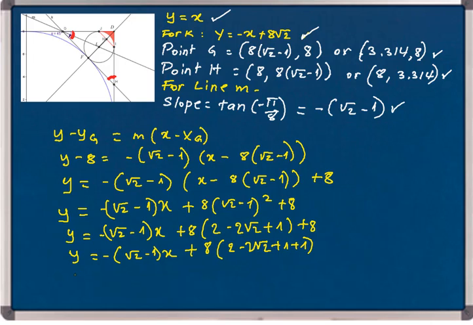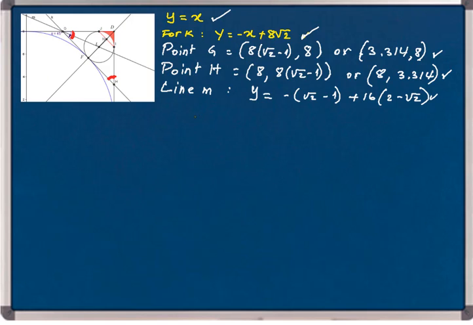Okay, so we can say y is equal to minus square root of 2 minus 1 times x plus, now we can see we have 2 plus 2, 4. We can pull out 2 and pull out 2 here. That is 16 times 2 minus square root of 2. Alright? So this is the equation of our line M. Okay?